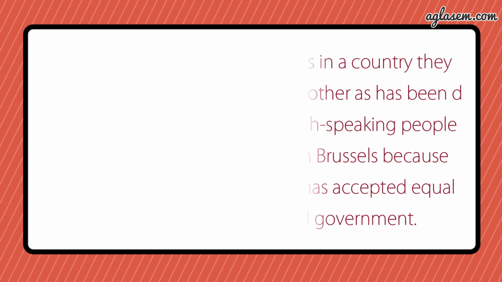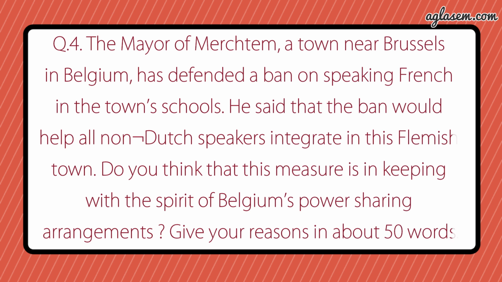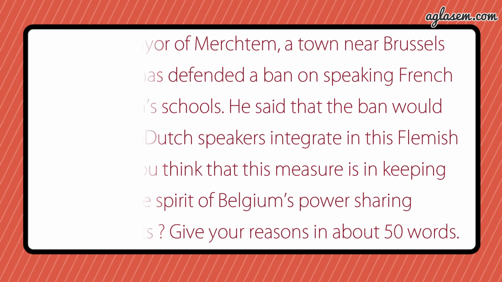Now, question number 4 says, the mayor of Merchtem, a town near Brussels in Belgium, has defended a ban on speaking French in the town's schools. He said that the ban would help all non-Dutch speakers integrate in the town. Do you think that this measure is in keeping with the spirit of Belgium's power sharing arrangement? Give your reason in about 50 words.